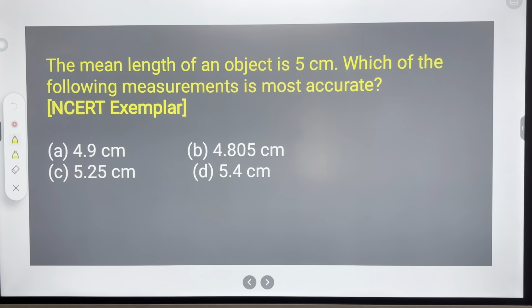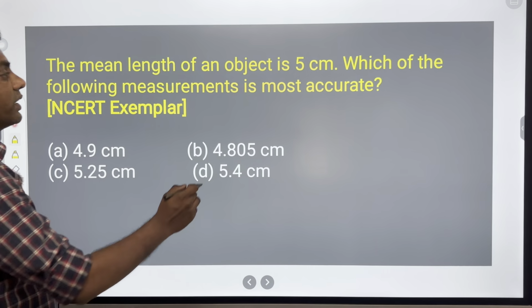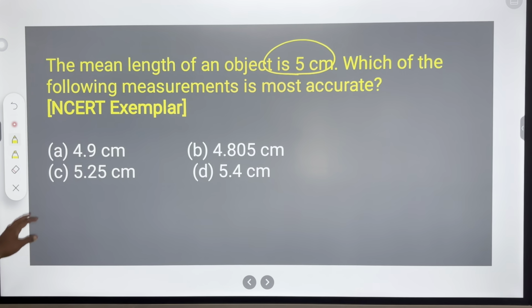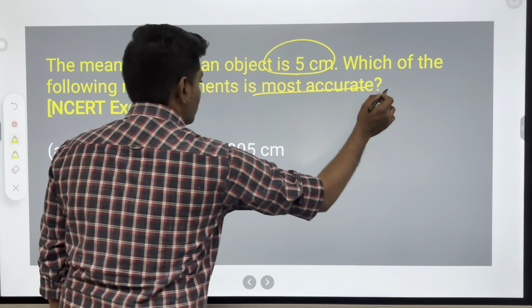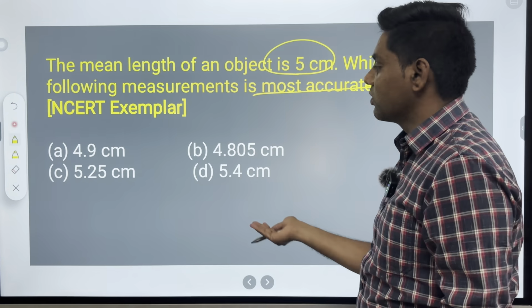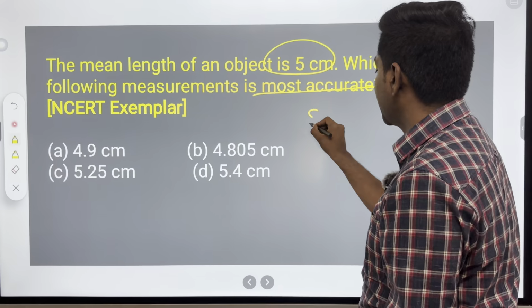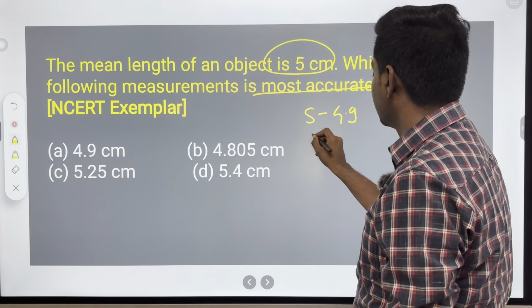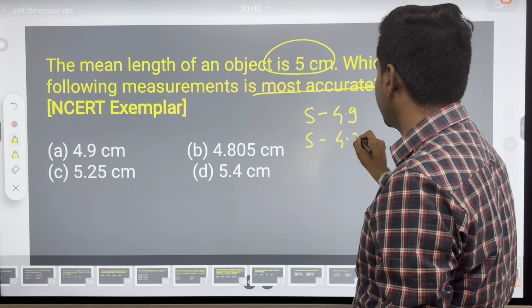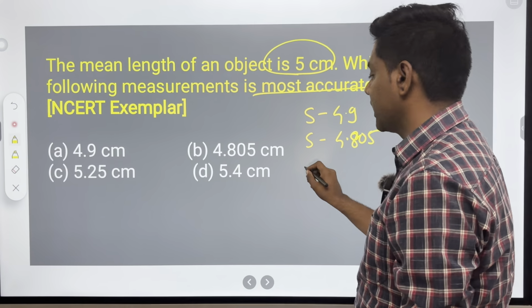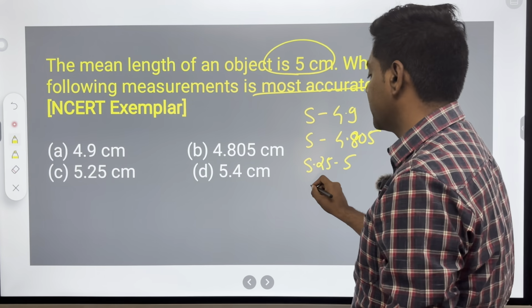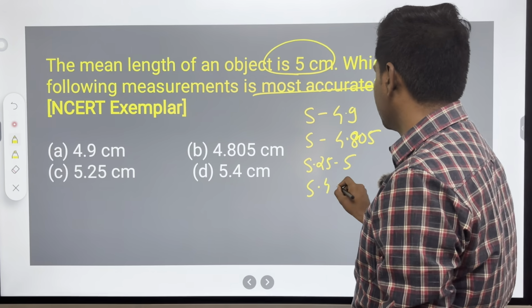Next, the mean length of an object is 5 centimeter. Any object is given having mean length 5 centimeter. Which of the following measurements is the most accurate? All four values are given. We just take the subtraction: 5 minus 4.9, second 5 minus 4.805, then 5.25 minus 5, then 5.4 minus 5.